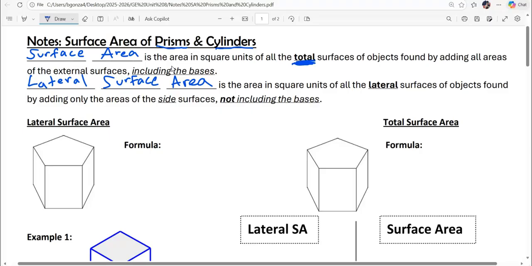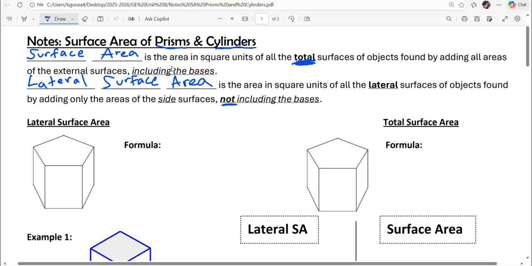Anybody in sports ever done lateral drills where you're running sideways? Or you ever worked out your lats? Where are they? They're only on the side. Guess what lateral means? Side. The lateral is side, only side. So that being said, the lateral surface area is only the side surfaces of a 3D figure. It does not include the bases. Underline not include the bases.